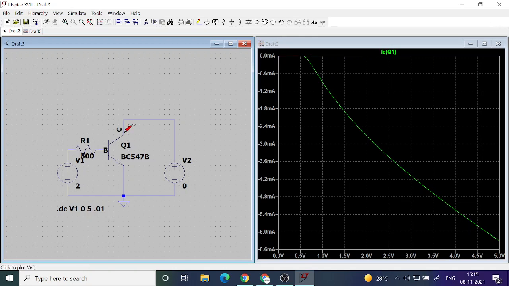Why is that? It is because the direction of the current that it is plotting is coming out of the terminals. The direction of the current that is plotted is coming out of the terminal.